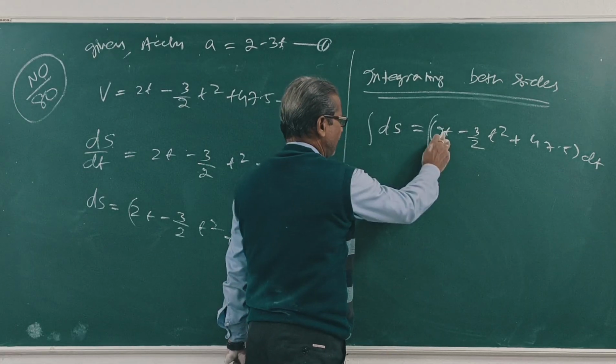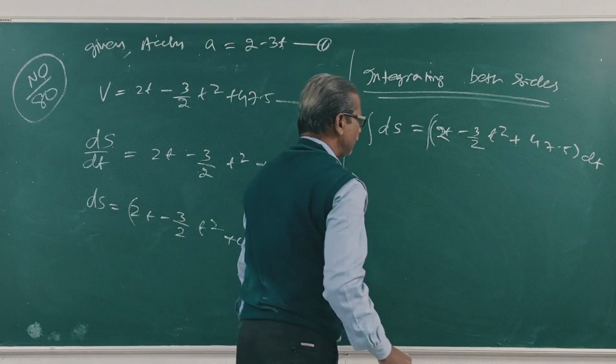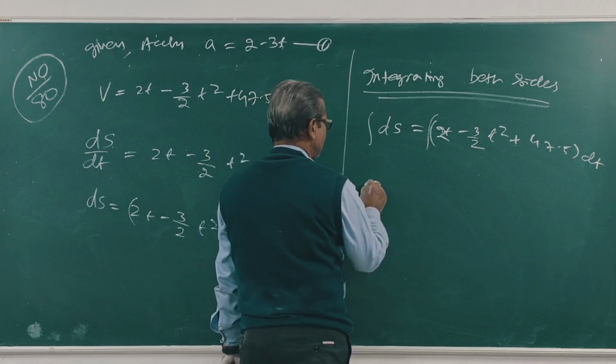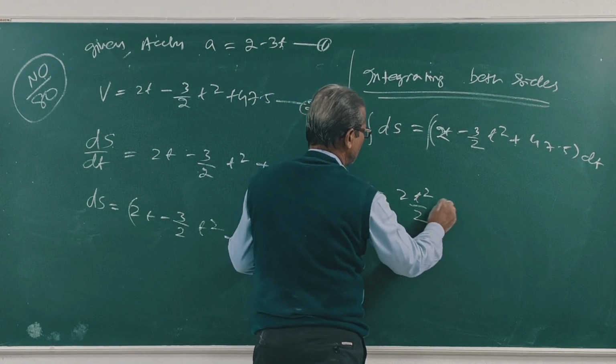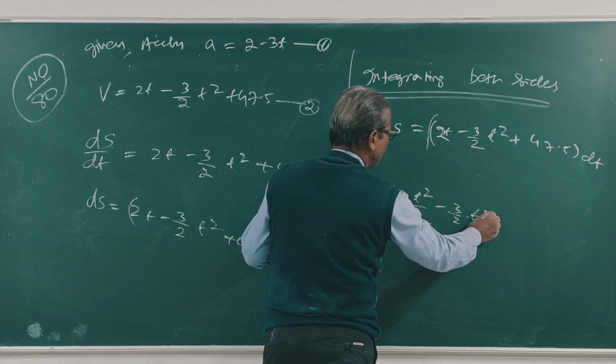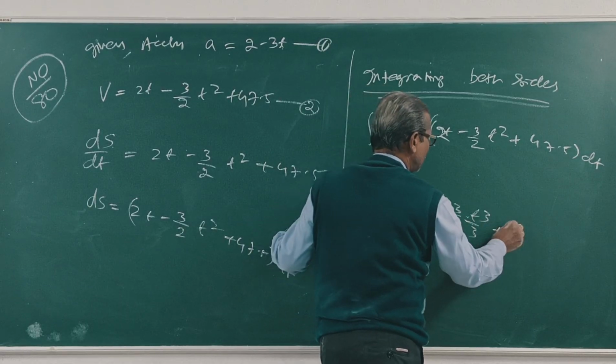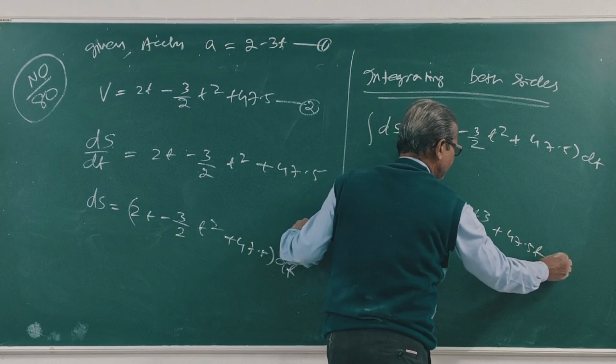Clear? So s is equal to 2 t square by 2 minus 3 by 2 into t cube by 3 plus 47.5 t plus c2.